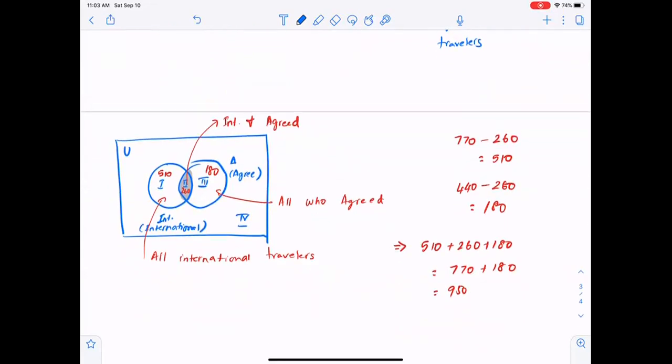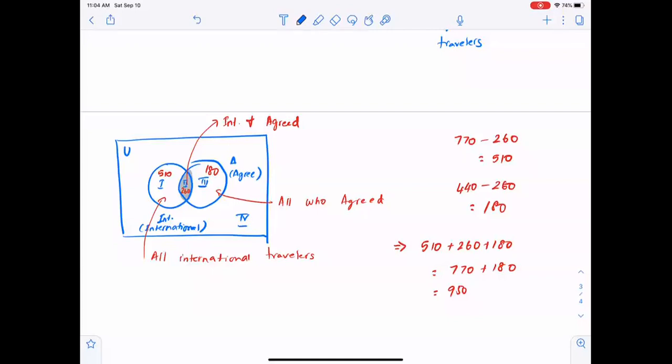Now that we sorted out 950 travelers, we know what we will have in region 4. So we have to subtract the 950 from 1510.